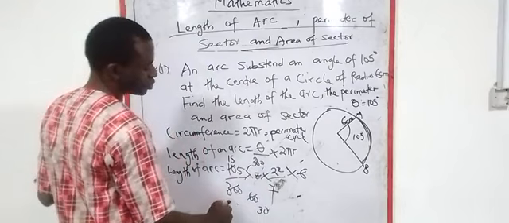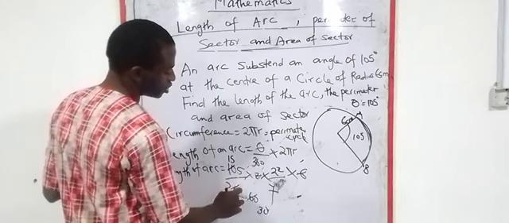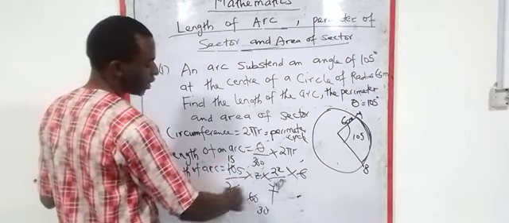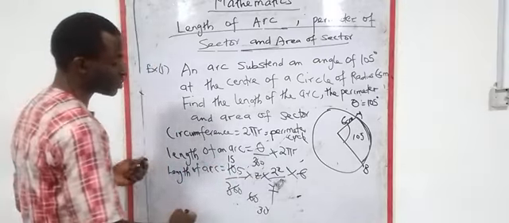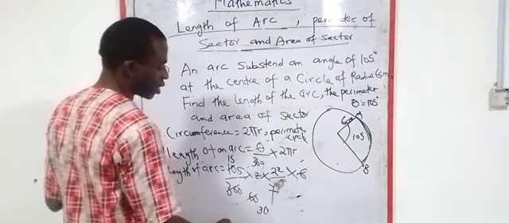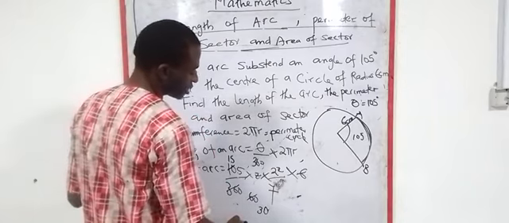So we are reducing the fraction. You can just multiply through and divide by the multiplication of 360 times 7. For me, I'm trying to reduce the fraction without using a calculator. That's why I am doing all of this. So now I have 30.